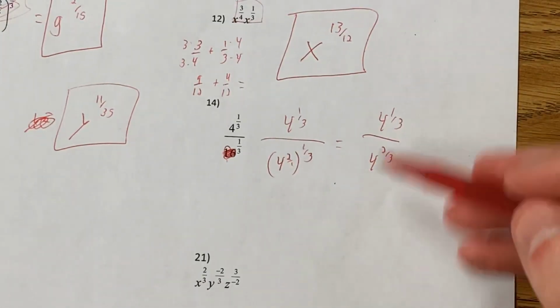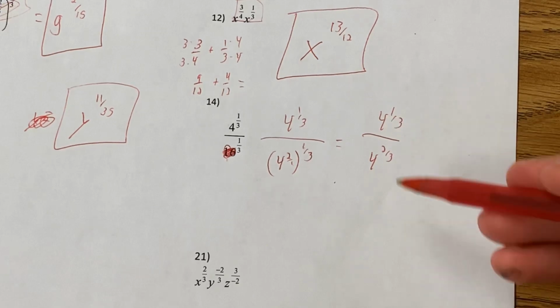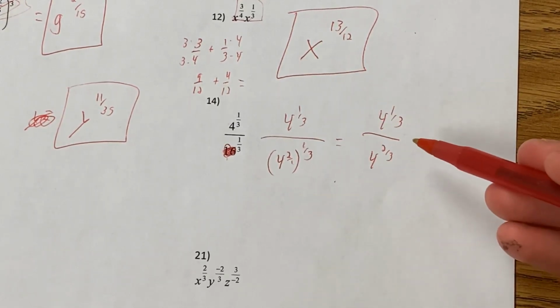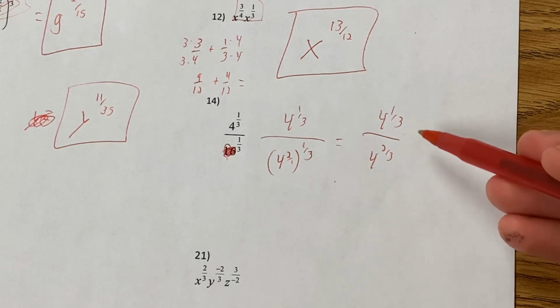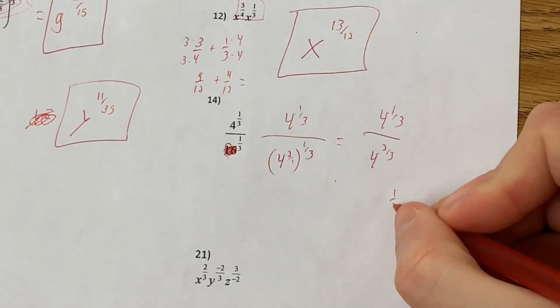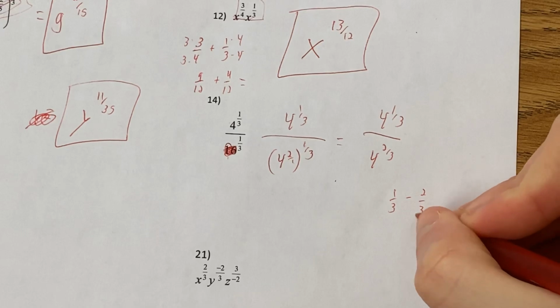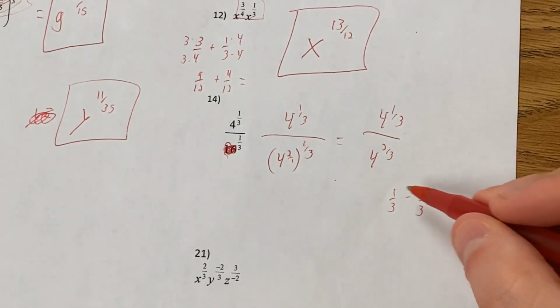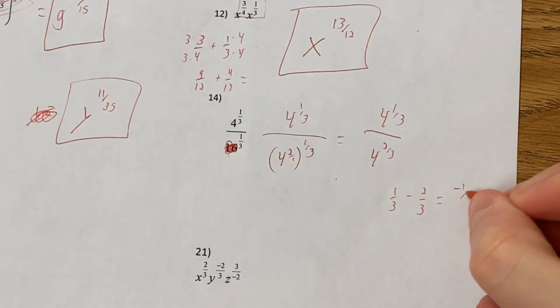And now you have a division problem where the bases match. And what do you do in a division problem where the bases match? You take the exponents and subtract them. So in this case, 1/3 minus 2/3, 1 minus 2 is -1.